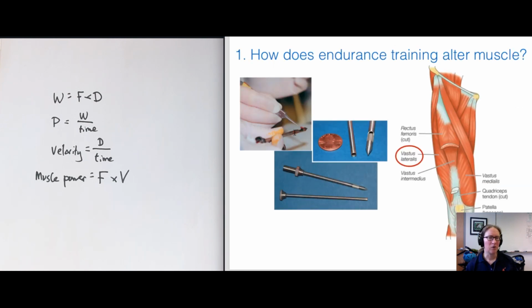To appreciate how endurance training can alter muscle fiber types, a lot of this work comes from studies that involve taking muscle tissue biopsies. So just kind of illustrating how a lot of this work is conducted. So here's a muscle tissue punch.